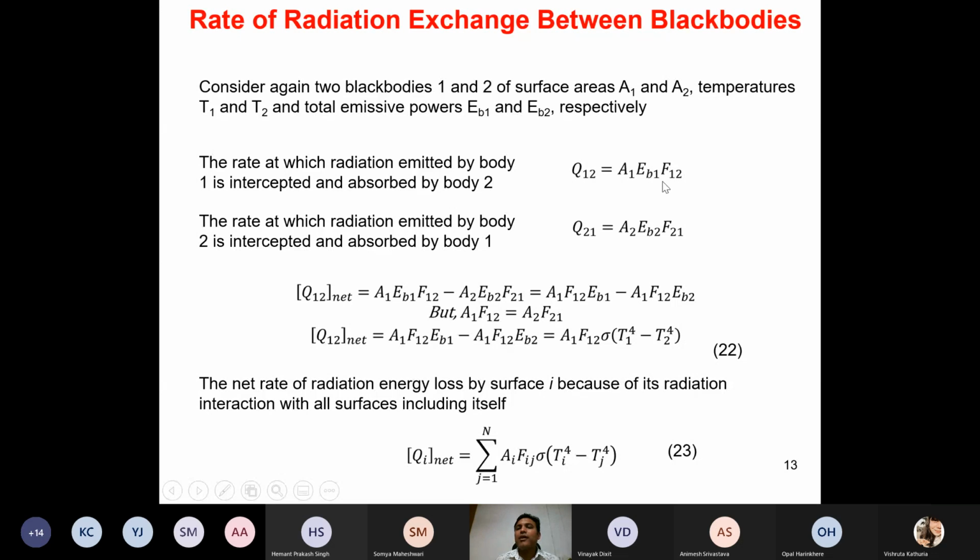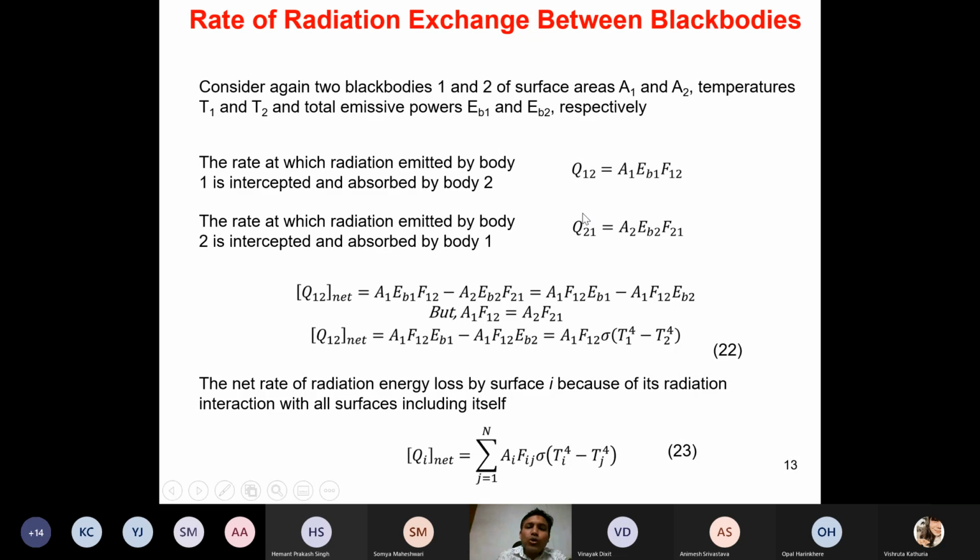given as A1 EB1 F12. Similarly, the rate at which the radiation emitted by body 2 is intercepted and absorbed by body 1 is given as Q21, that is A2 EB2 F21, and the subtraction of these two is going to be the net radiative heat transfer between these two bodies, isn't it? Correct.